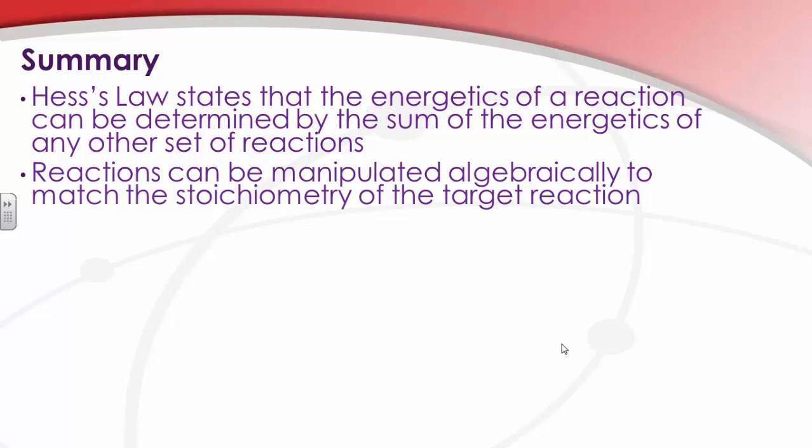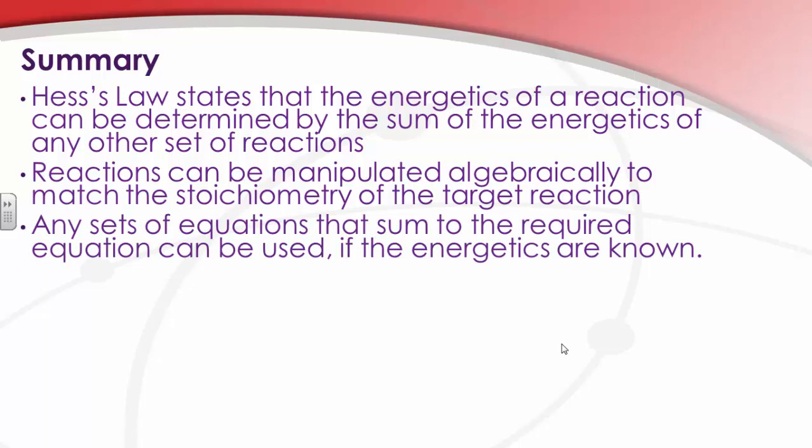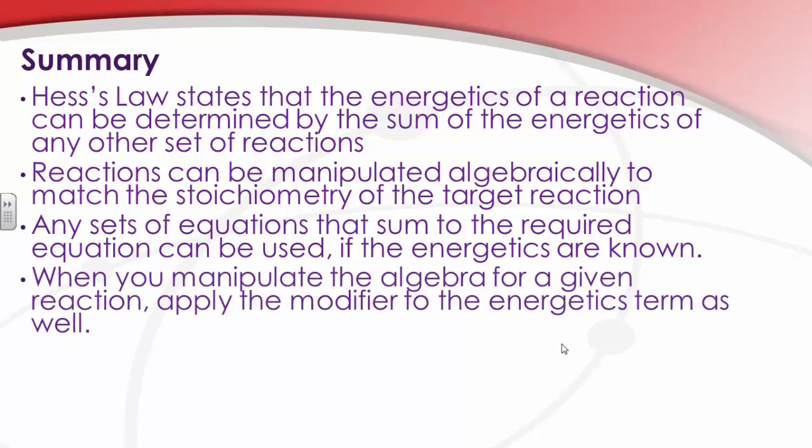In order to achieve what we need, we can manipulate given reactions algebraically, including effectively multiplying by -1, reversing the direction of the reaction. And we do this in order to match the stoichiometry of the target reaction. As soon as we have sets of equations that we can sum to the required equation, then we can use the energetics involved.